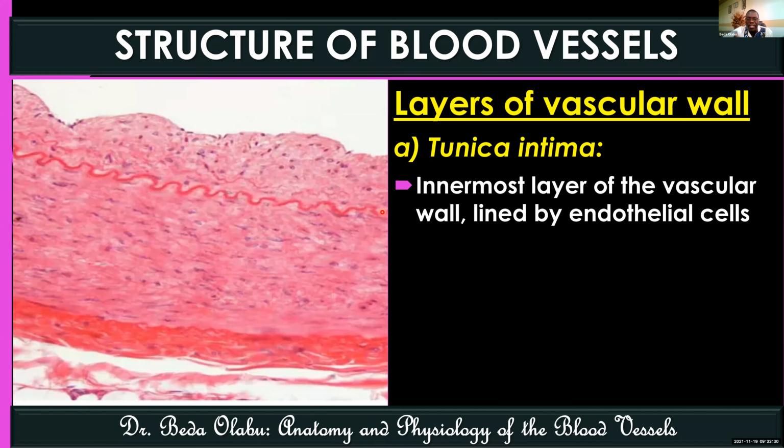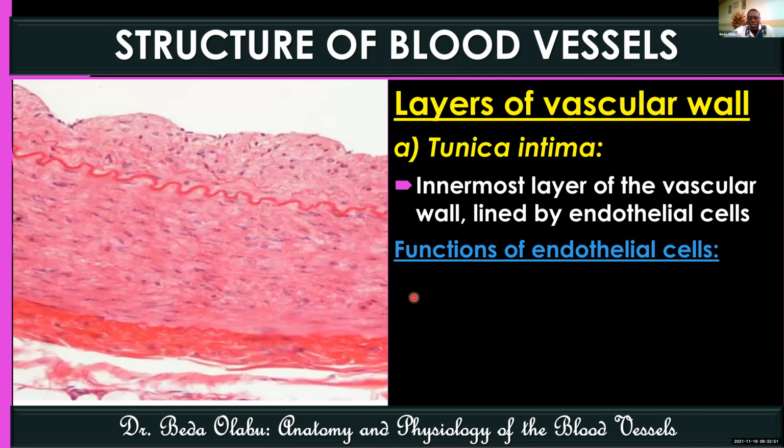The internal elastic lamina is also part of the tunica intima. So if you are to state the components of the tunica intima, especially in larger vessels, you'll talk of the endothelial lining, the subendothelial zone, and the internal elastic lamina.